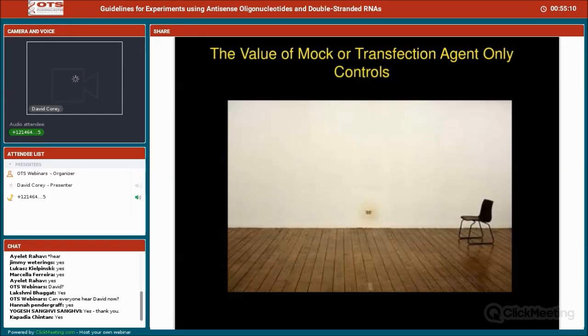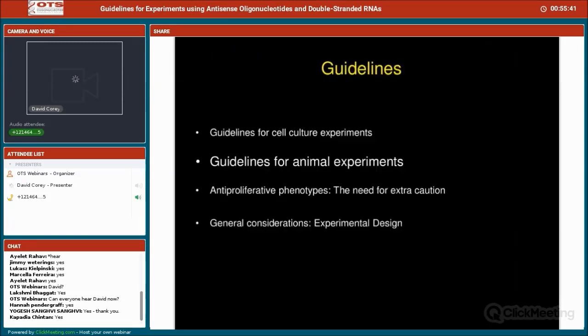My laboratory's experience is that when you put a transfection agent into the mix with an oligonucleotide, it almost always produces many more off-target effects or toxicities than the transfection agent or the oligonucleotide alone. So if you want an apples-to-apples comparison and you're using a cationic lipid transfection reagent, for example, the best thing is to have that in combination with a non-complementary nucleic acid that's similar to the one that you're using as your agent.